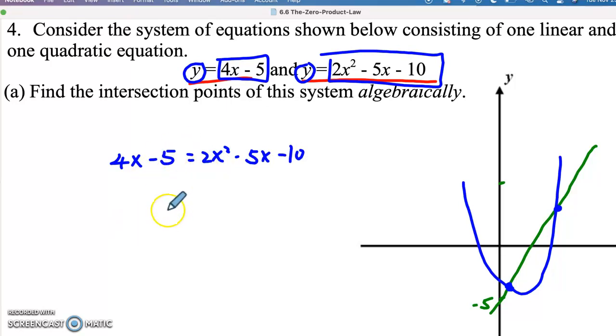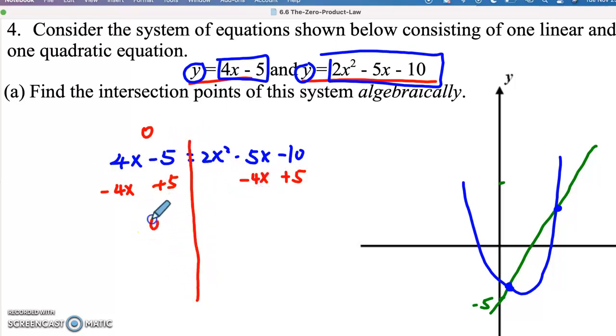I'm gonna let you guys figure out the rest, because this is exactly the same as question 3, right? You want to make one side 0. Well, you can make the left side 0. Doesn't really matter. So you're gonna add 5 to each side, and then you need to subtract 4x from each side.